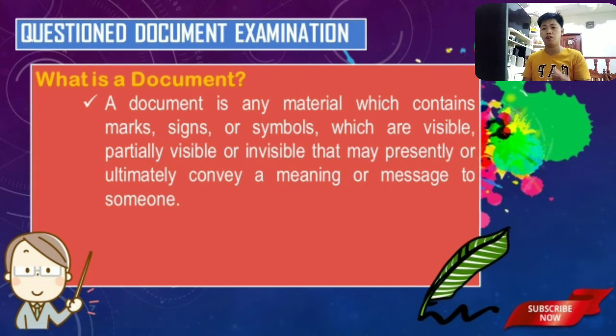Say for example, it may look or appear like just a careless scribble, like scribbles that have no meaning when you look at them. But for the person who receives such writing or such document, it conveys meaning to him. Then that will still be considered as a document.